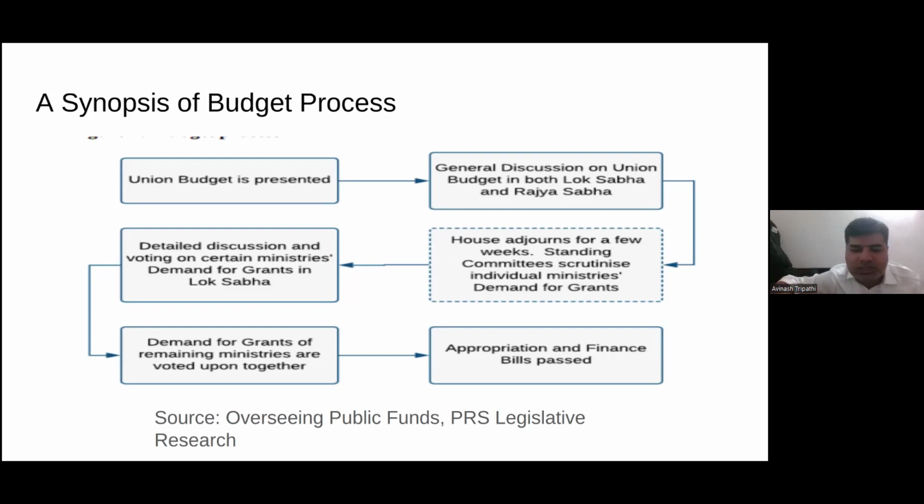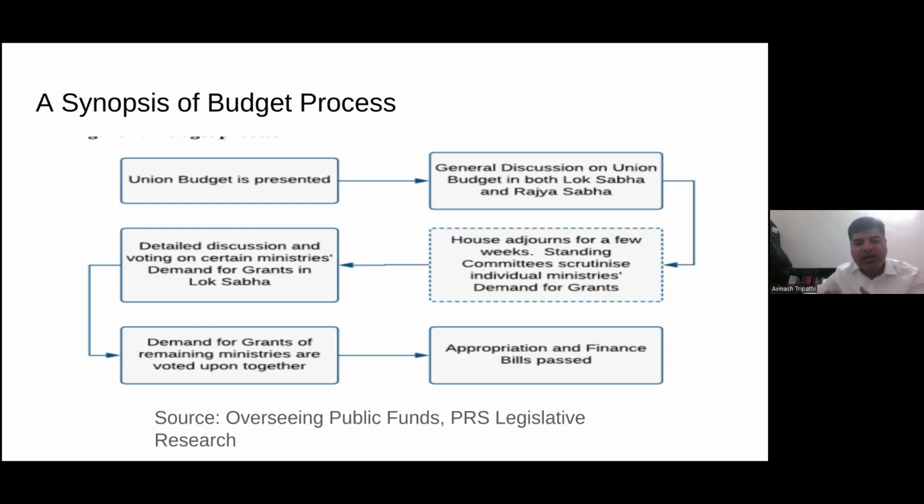The technical term for this is guillotine. So you have certain demands for grants which are discussed extensively by the parliament, and certain demands for grants which are not discussed thoroughly. They are just passed because of the shortage of time, because of the time constraints. They are guillotined.